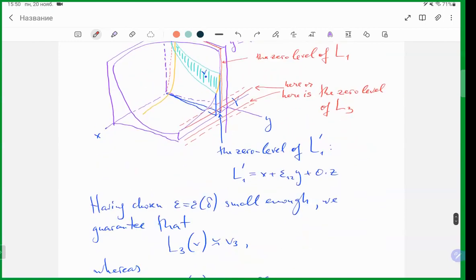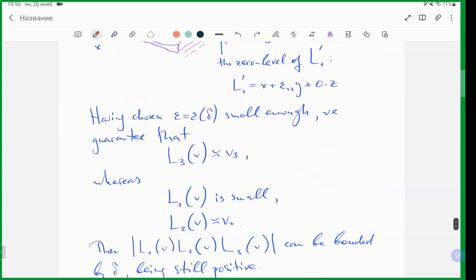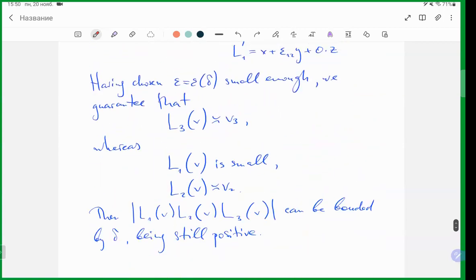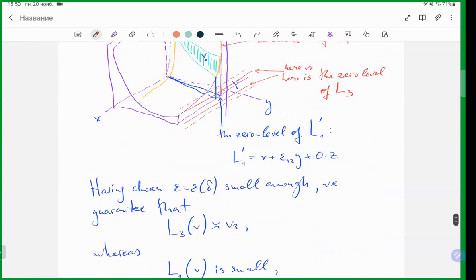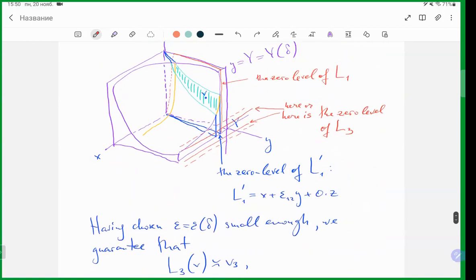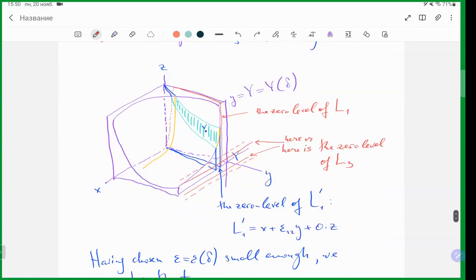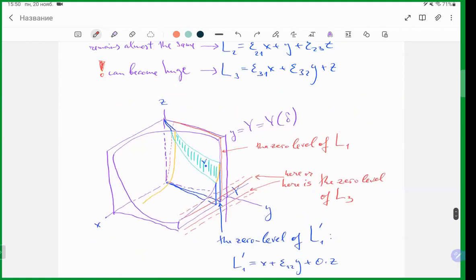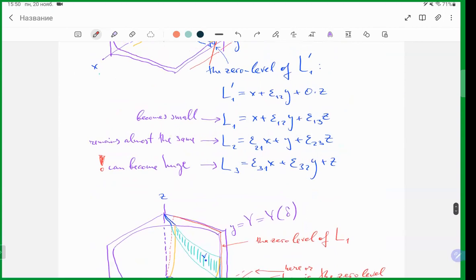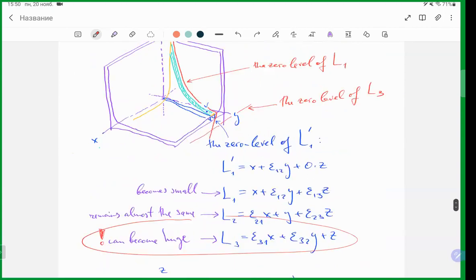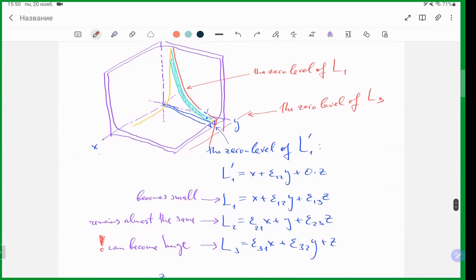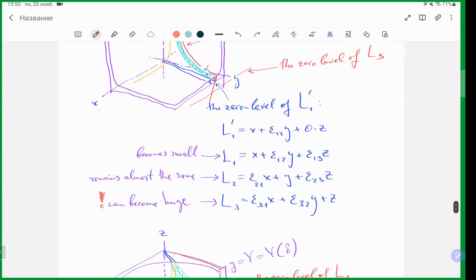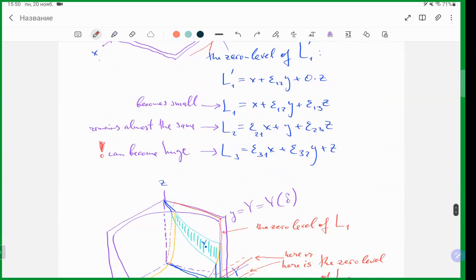So I hope I managed to make the argument clear. This is how we repair the possibility that the third form can become huge: by making epsilon depend on delta.